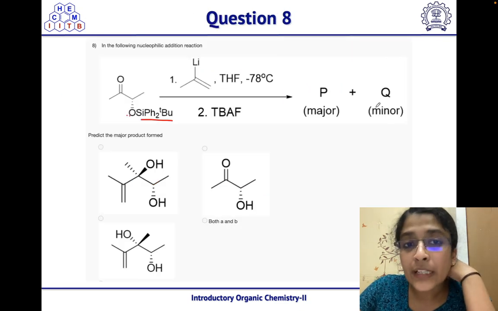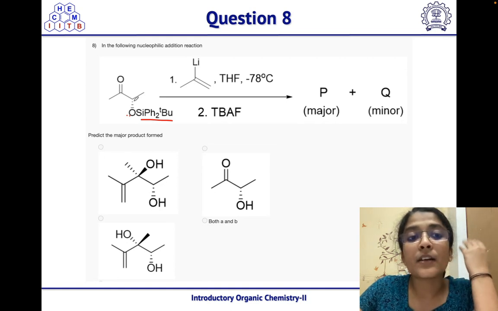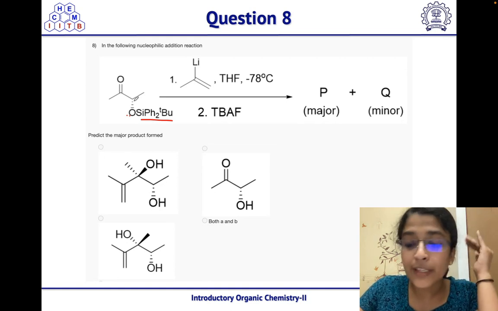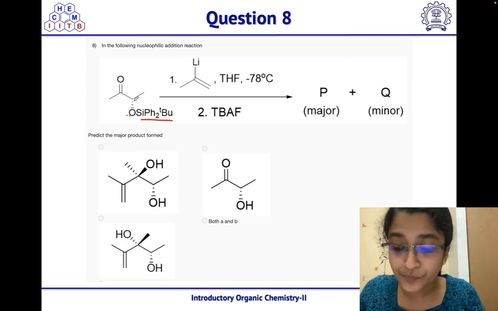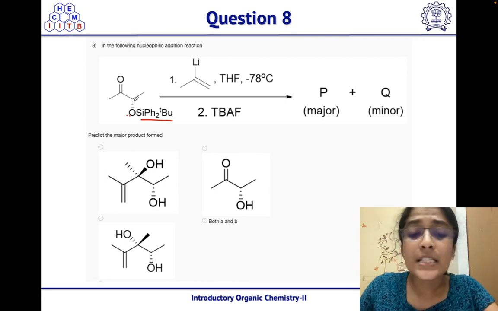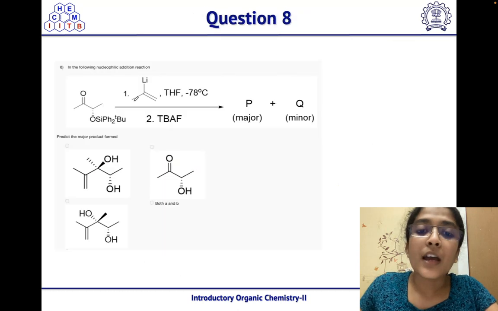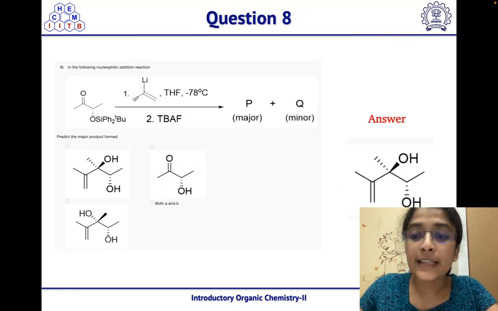So you can try out these questions using the Cieplak model, as we have seen similar examples for the Felkin-Anh model. This also we can solve using a similar concept, and we will get the answer, and the answer is this one.